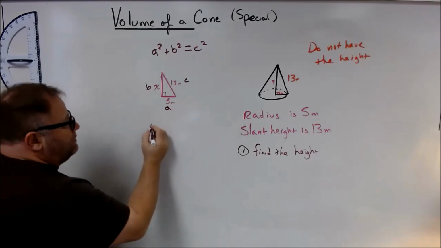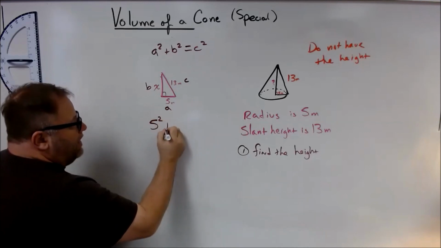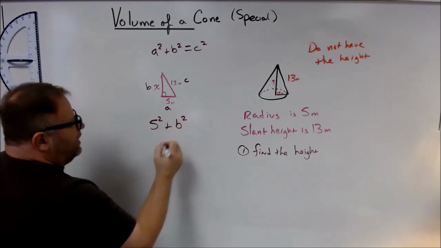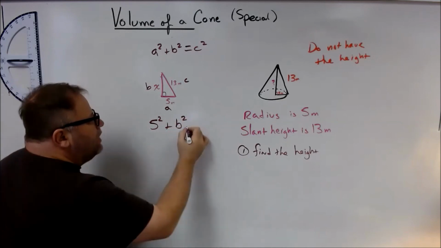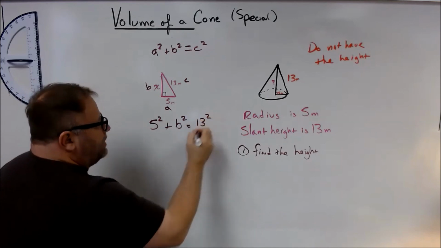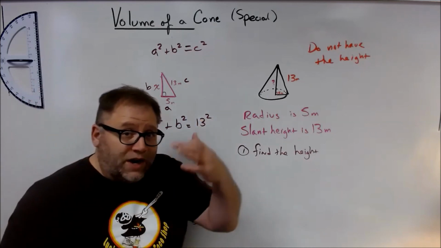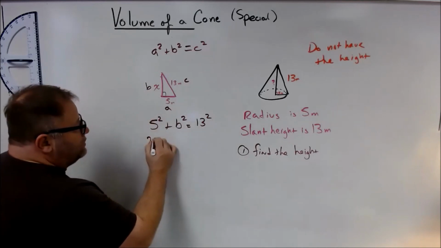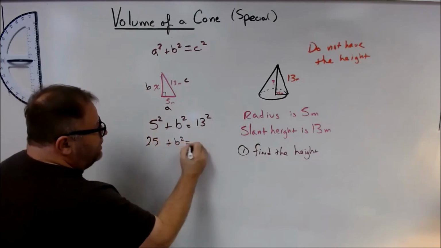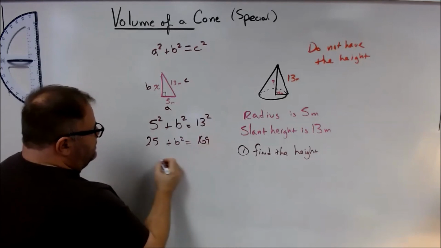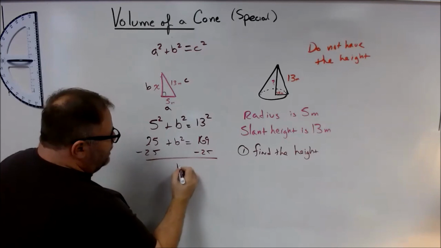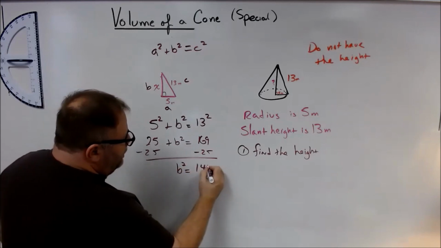I have 5 squared plus b squared equals 13 squared. Some of you who know your Pythagorean triples know that I picked those on purpose, so you already know what the height is. That gives me 25 plus b squared equals 169. We take 25 away from both sides and we get b squared equals 144.